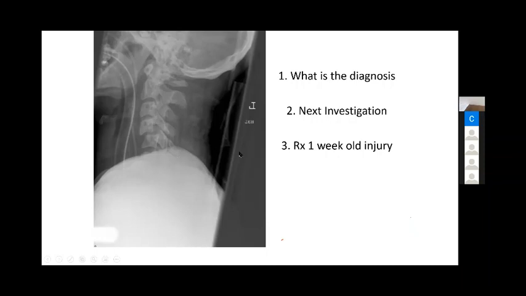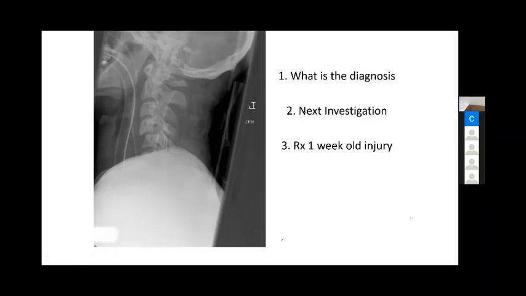How do you treat them? Usually we go for 360-degree fusion. Basically go anterior, take the disc out, and stabilize with a cage, and go from the back with screws. So it's front, back, front, or back, front, back.